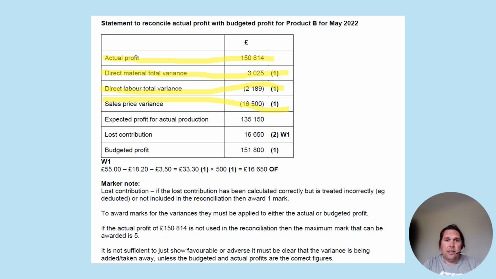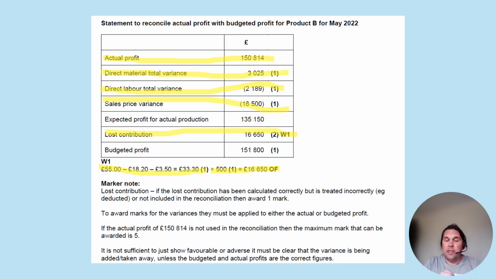Now the 16,650, so the lost contribution, it's 2 marks. Like we said, it could be a couple marks, it could be more depending on how they put it together. First mark is for calculating CPU, so contribution per unit of 33.30. Then we sold 5,500 units, but budgeted to sell 6,000, so that's 500 less than budget.